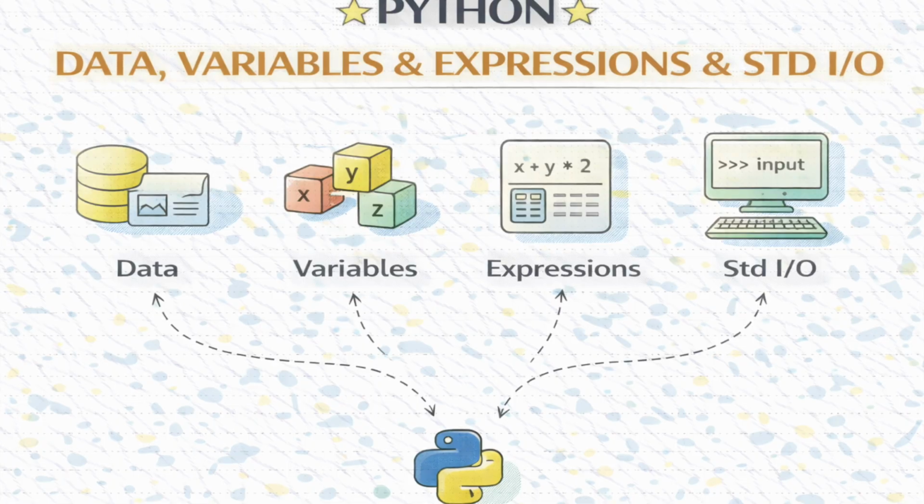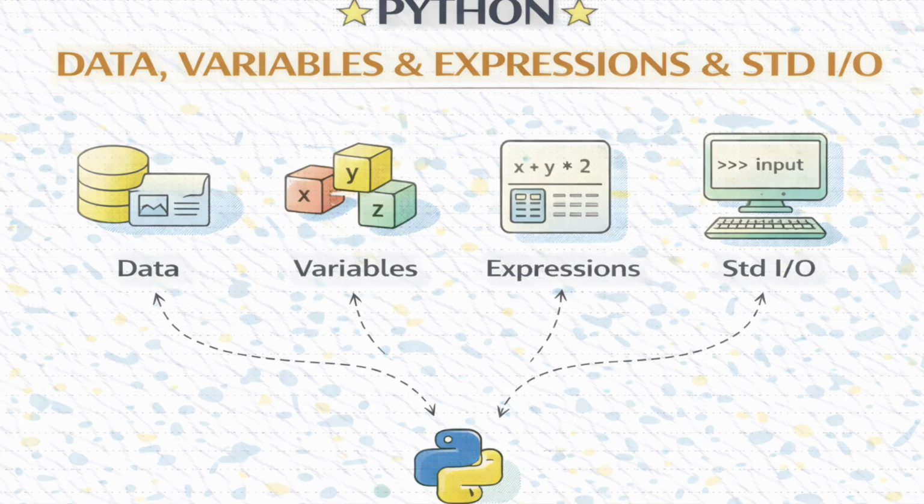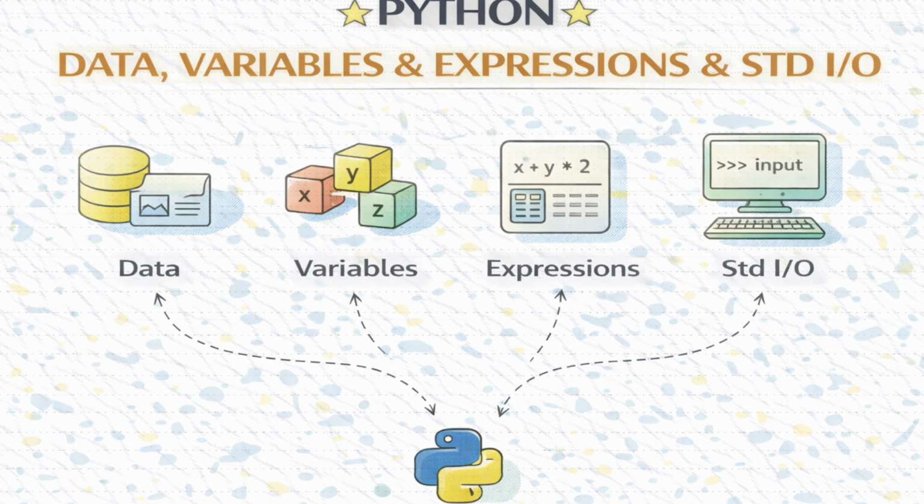Exactly. And the notes also pointed out that if a user types in multiple numbers on one line, separated by spaces, you have to use the string's built-in split method to break that single text string into individual pieces. Which leads us directly to our next topic, typecasting, or type conversion. Because the input is always a string, if you want to do any math, you must convert the data.